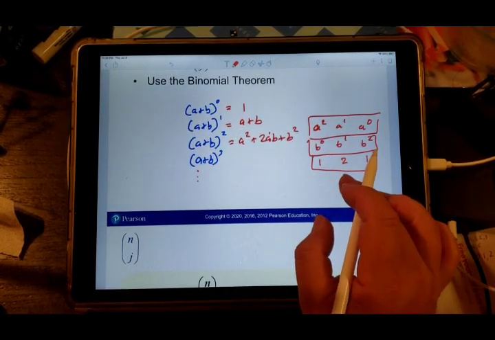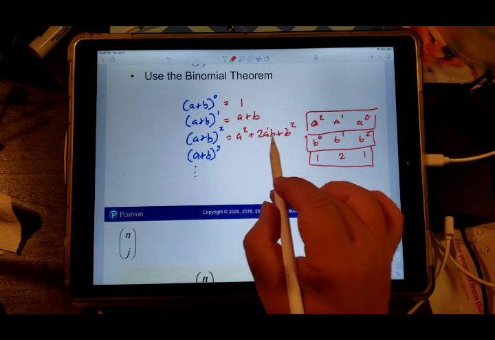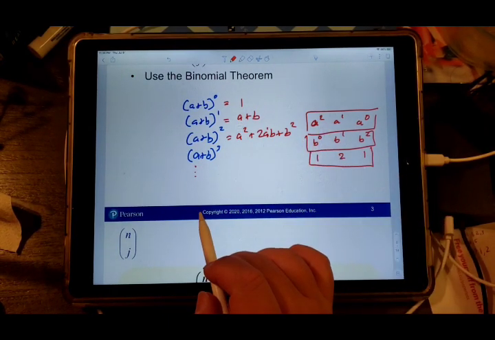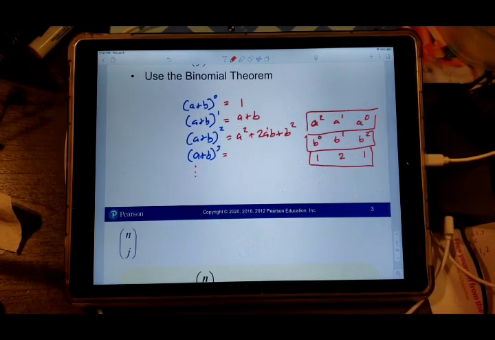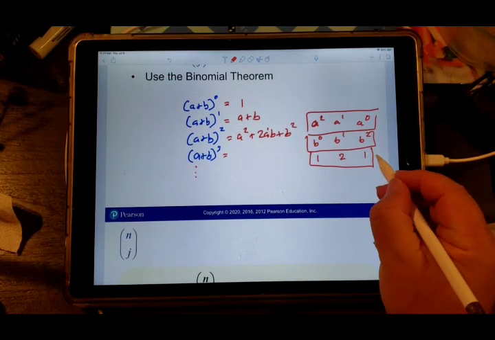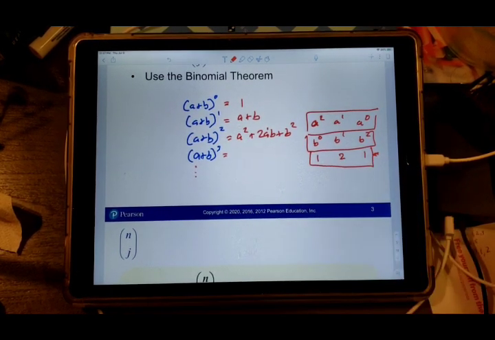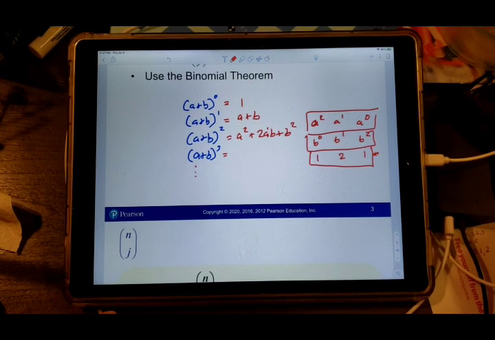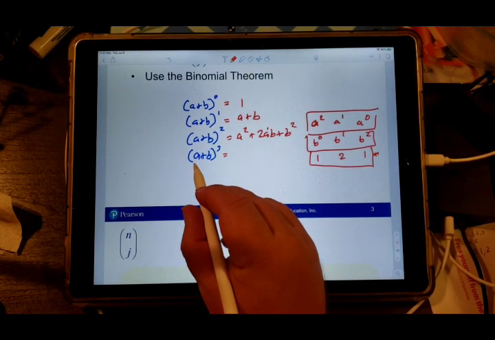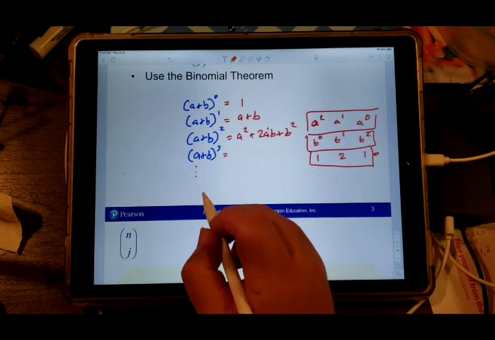So there are coefficients, a pattern for the a's, and a pattern for the b's. And it turns out, with some predictability, I'm not going to say perfect predictability because the coefficients become a little mysterious at first, we should know what a plus b cubed is.